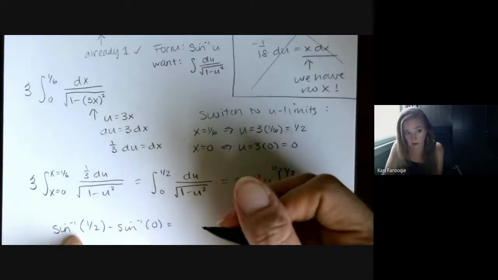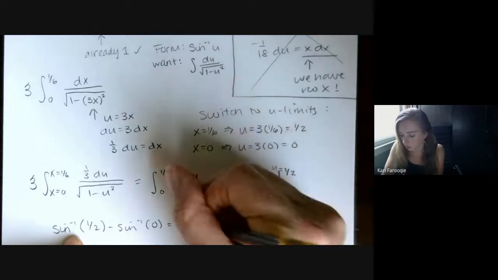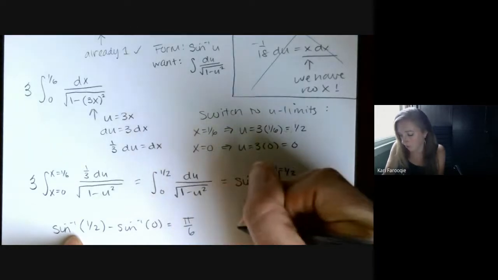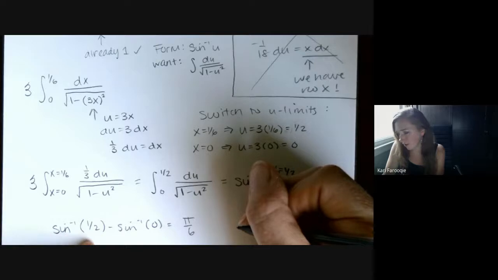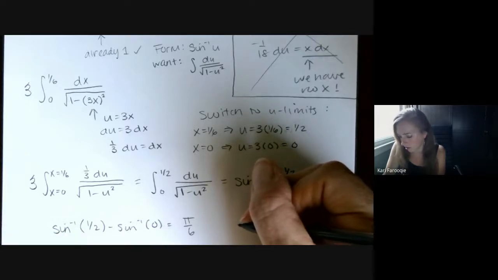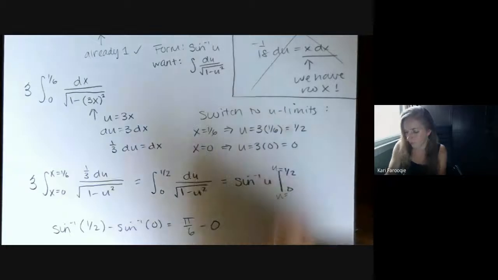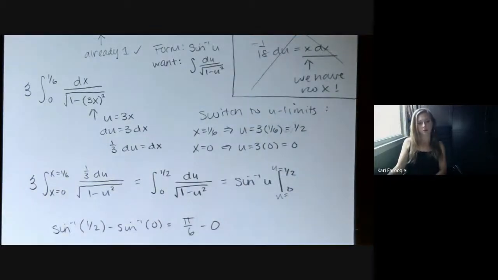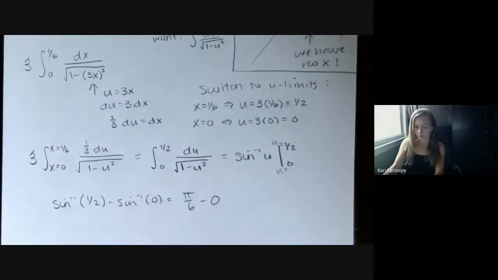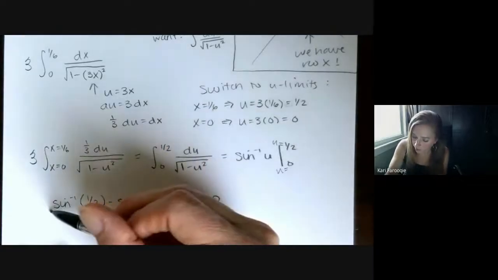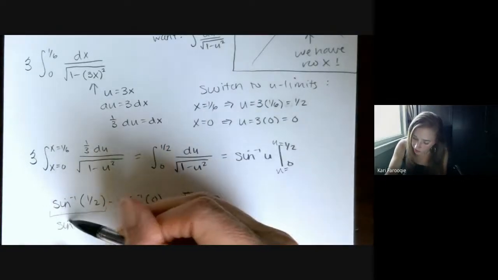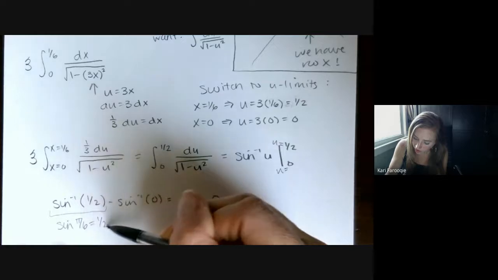This one, you'll just have to figure out what the angle is. The inverse sine of 1/2 is pi over 6. We used that in that cotangent problem we did, I think, in the last example. This is because the sine of pi over 6 equals 1/2.